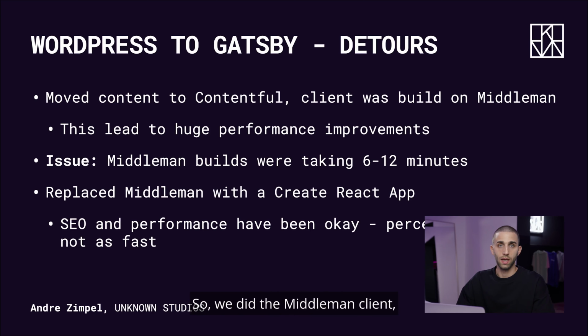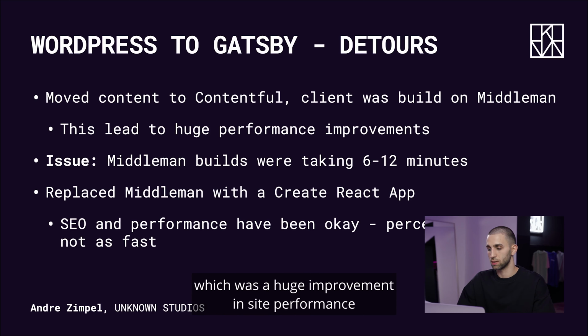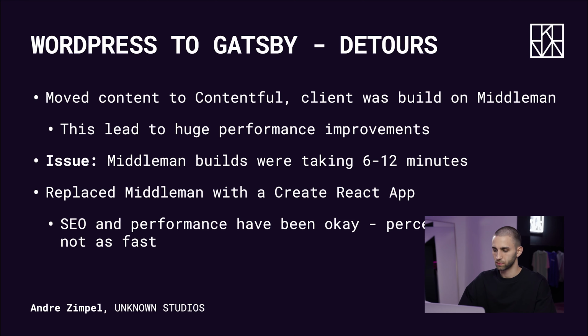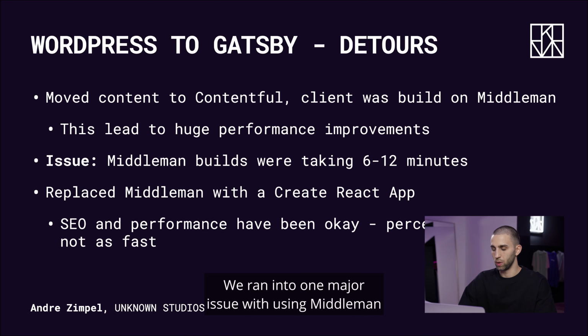So we did the Middleman client, which was a huge improvement in site performance, and also since we didn't use any pre-built themes, the user experience was way better overall too. We ran into one major issue with using Middleman, and that's build times.